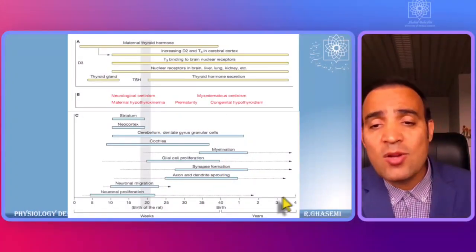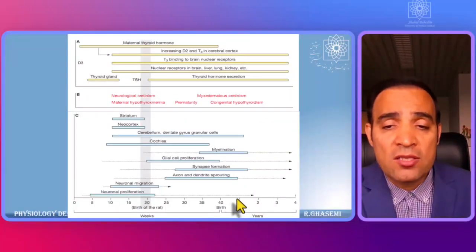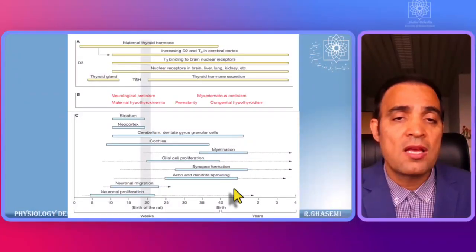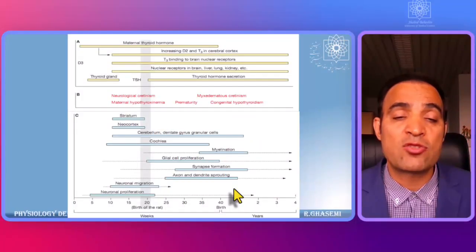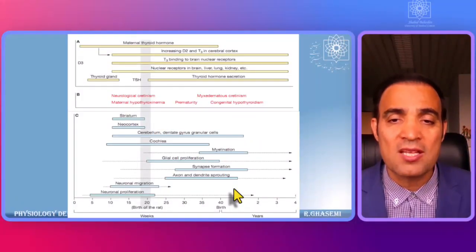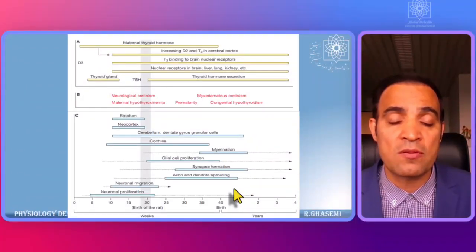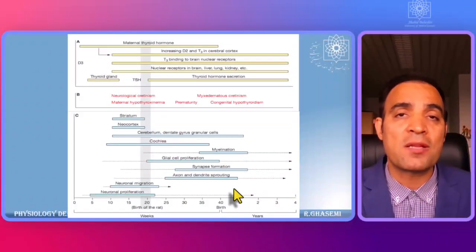And this continues after birth. You see that after birth, particularly during the first year, cerebellar maturation is completed, myelination of the neurons is completed, and synapse formation, axon and dendrite formation all continue after birth.